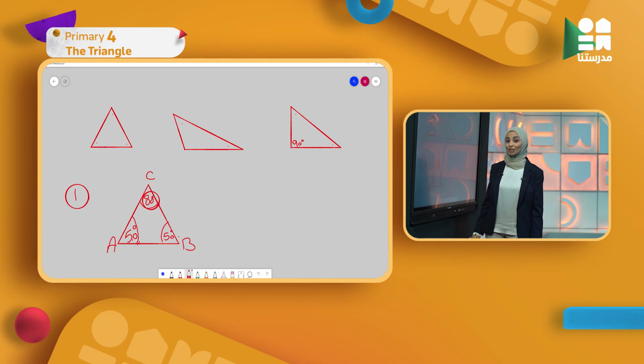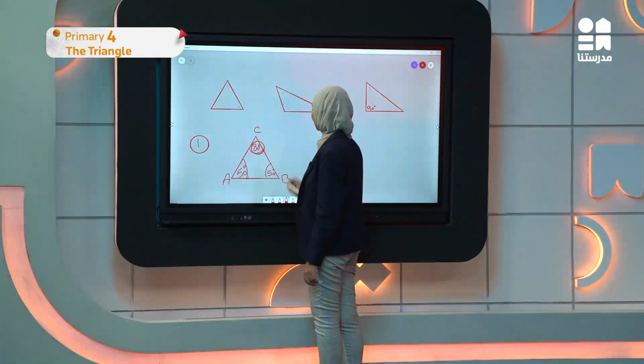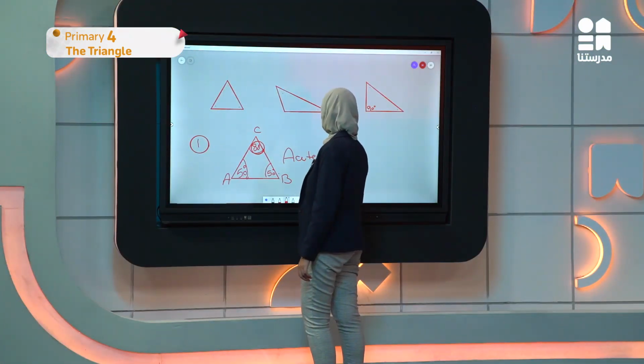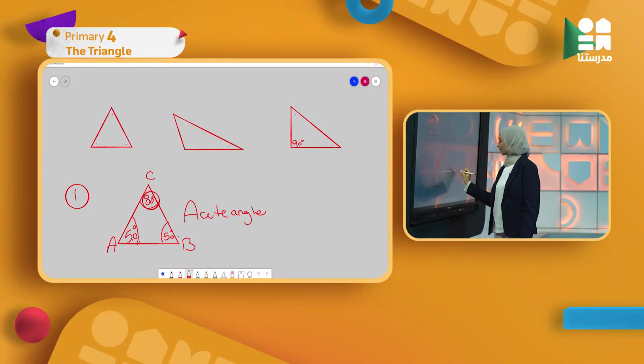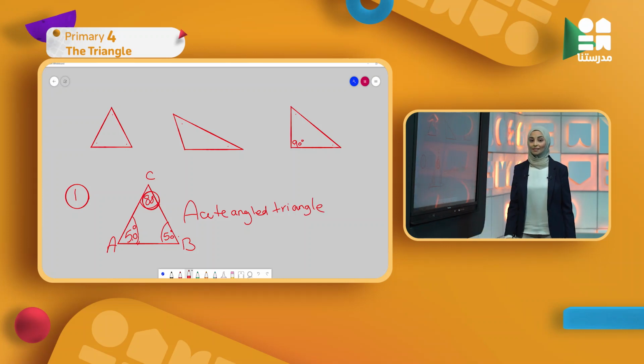It is an acute angle. So here we have 3 acute angles. Then what is the name of this triangle? Of course, it is called acute angled triangle. Why? Because it has 3 acute angles which are less than 90.